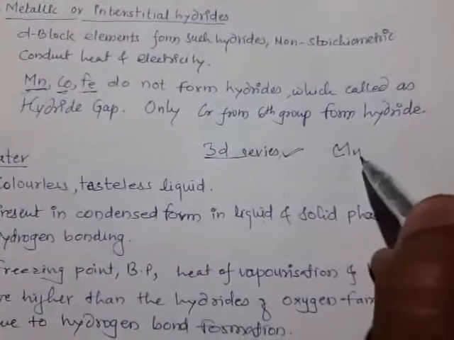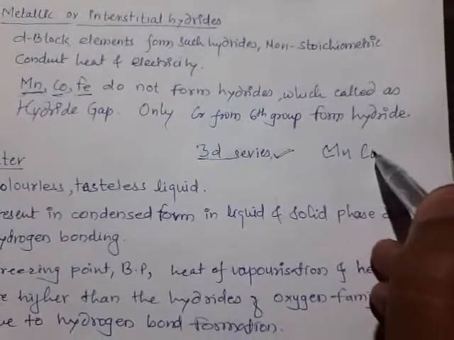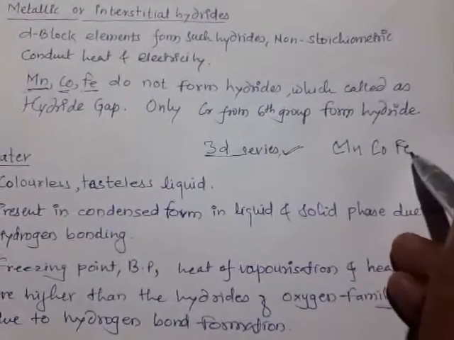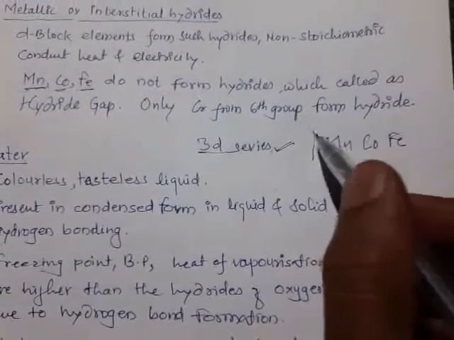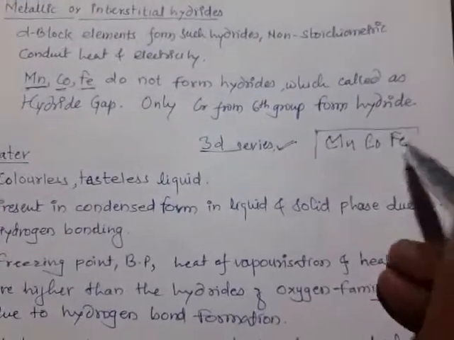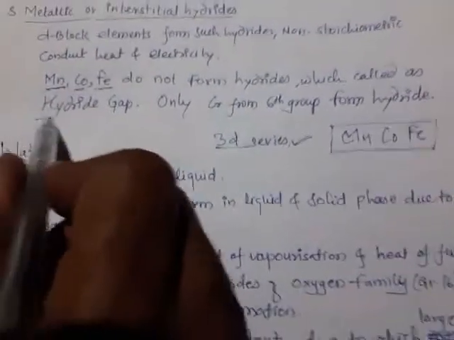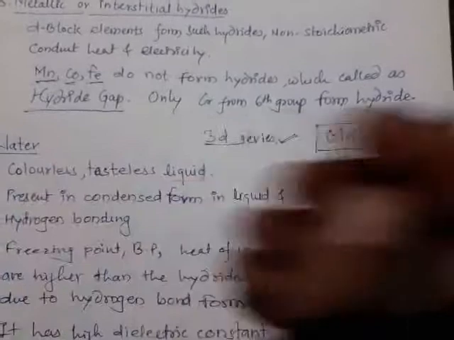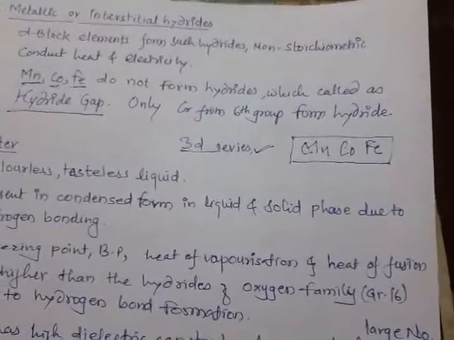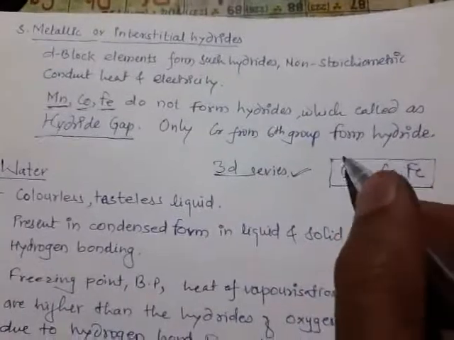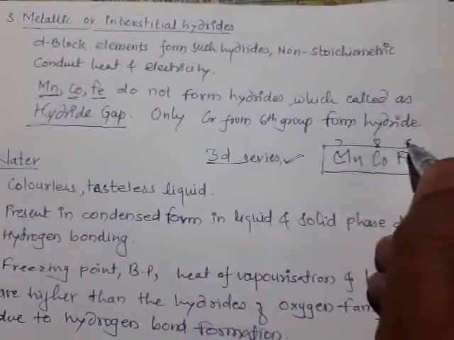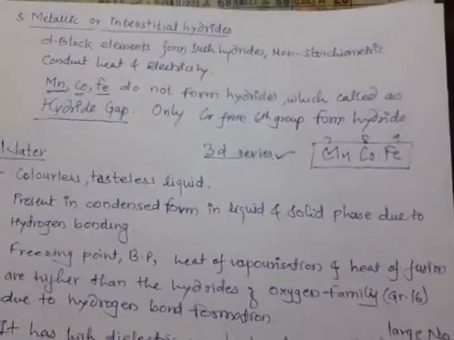Here what we are observing, Mn, cobalt and Fe of the 3D series are not going to form any hydride with hydrogen, and hence this is called a hydride gap in the periodic table. There is a hydride gap in the periodic table. If we observe the sixth group, these are the elements of the 7th, 8th and 9th group.